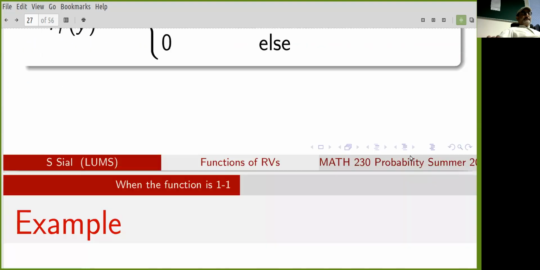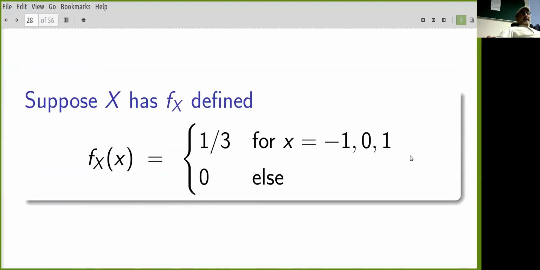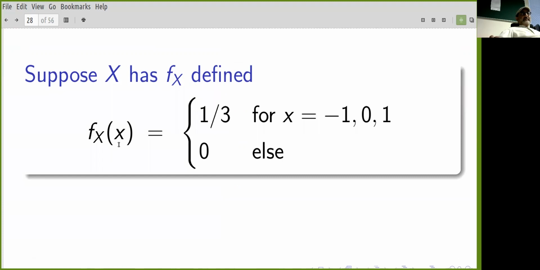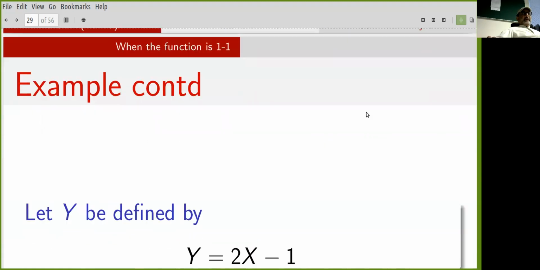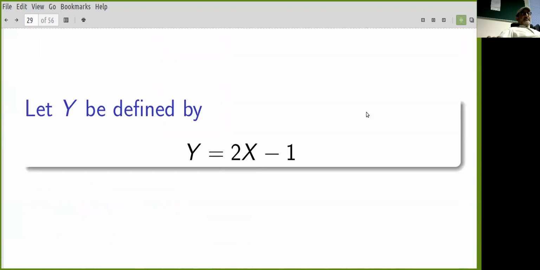All right. Now, suppose x has a PMF defined like this. F sub x of x is equal to 1/3 for x equals -1, 0, and 1. It's 0 otherwise. And y is equal to 2x minus 1.